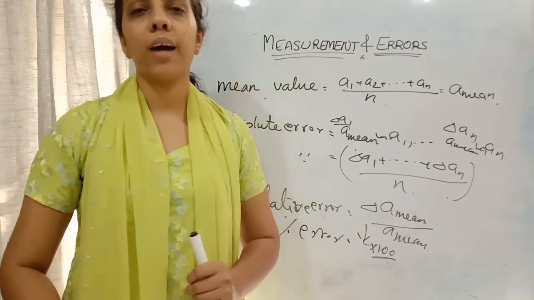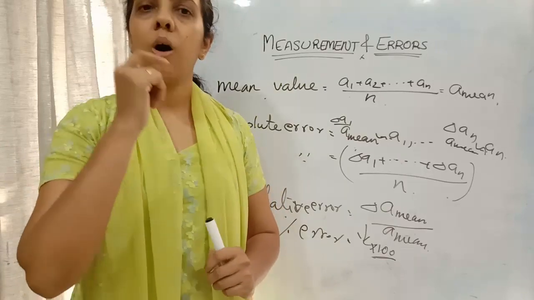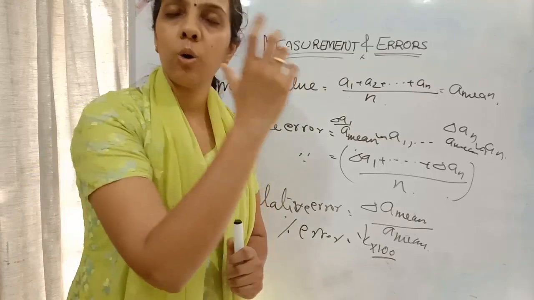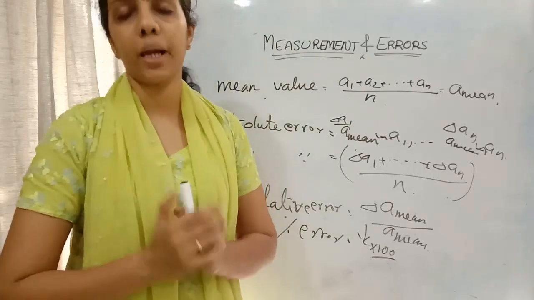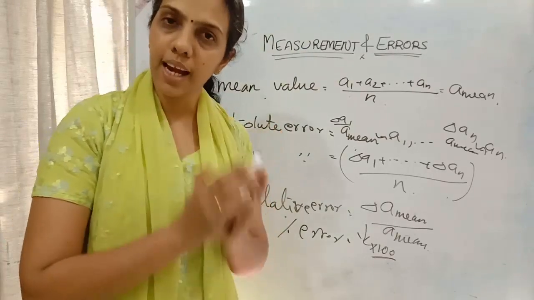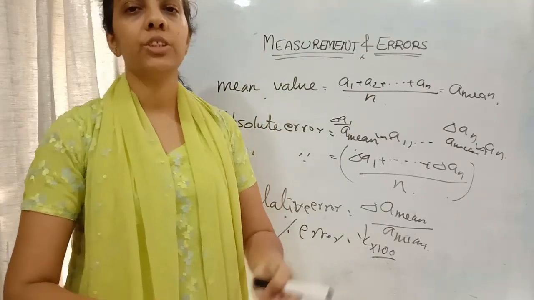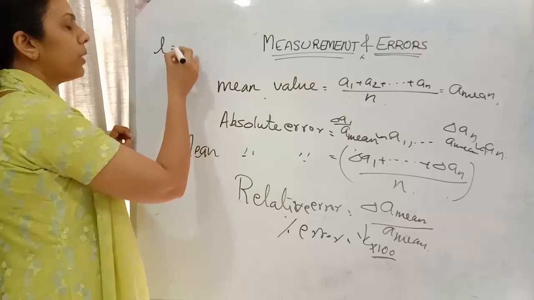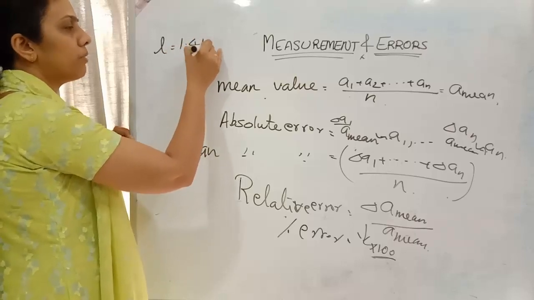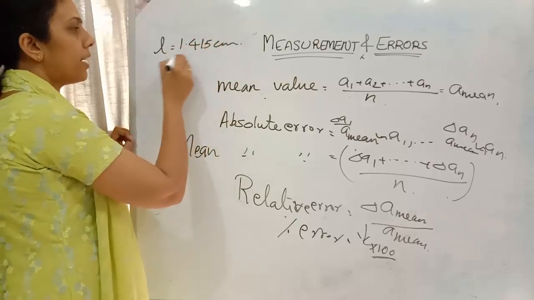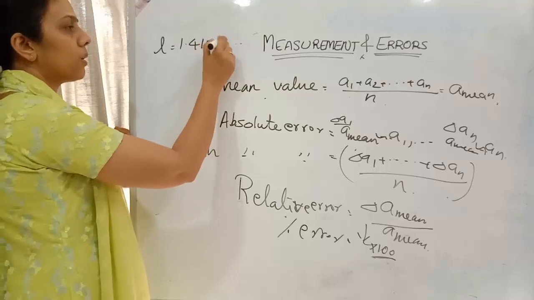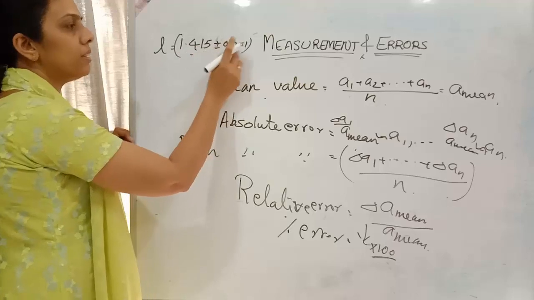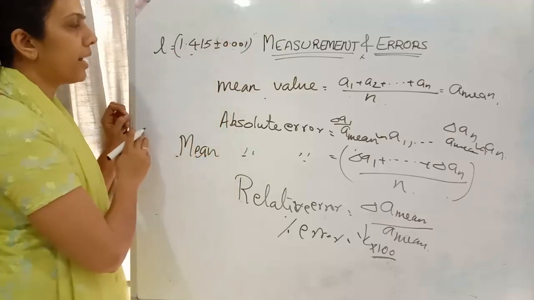In the added value or in the subtracted value, errors which occurred in the original ones will be added up. If it is addition or subtraction, errors will be added up. Suppose I got a value L1 equal to 1.415 centimeter plus or minus 0.001. This will be the error over there.